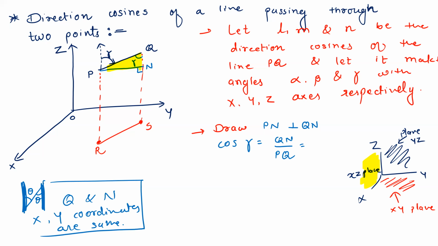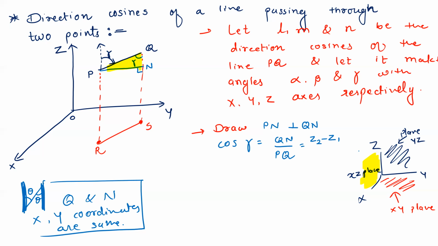Suppose Q has X2, Y2, Z2, and N has X1, Y1, Z1. In that case, X1, X2, Y1, Y2 will be the same because they are perpendicular to that plane. So here, what is the difference then? Z2 minus Z1.